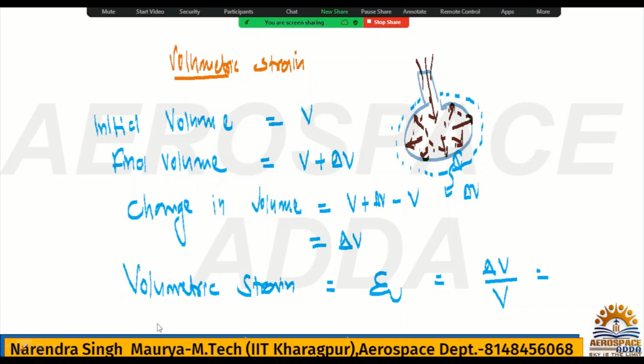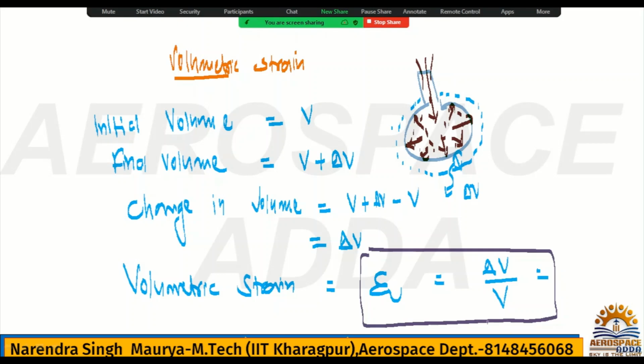Now this volumetric strain we can calculate for different sections. Different values we will have. You are calculating volumetric strain for the cube, or for the Cartesian coordinate system, or for the cylinder, or for the sphere.